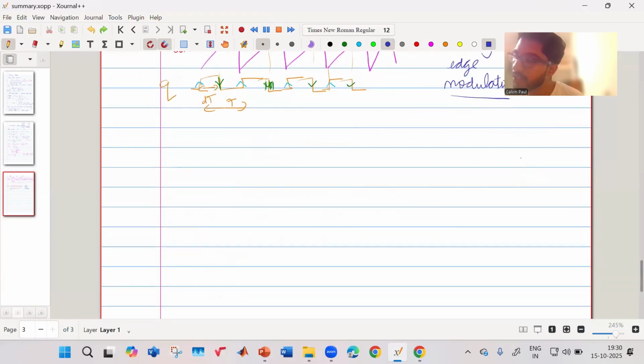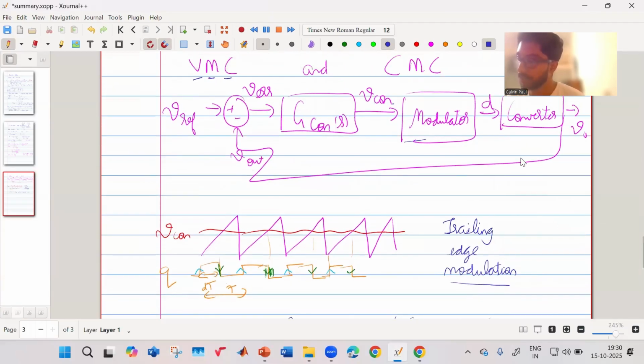This is a two loop control, also known as cascaded control. Let us try to understand how this happens. First of all, this is a single loop control.